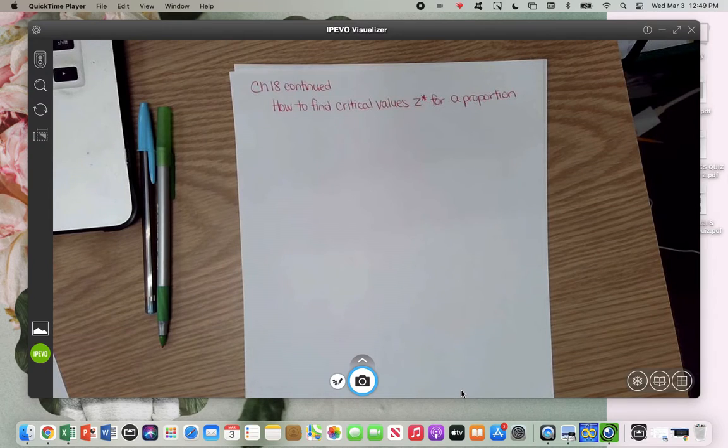All right, so we are now on day 4 of chapter 18. We're actually going to be doing a little piece of today to help us with our lesson on Friday. Today we are focusing on the non-calculator portion of this lesson, and then tomorrow we will add the calculator part with it.